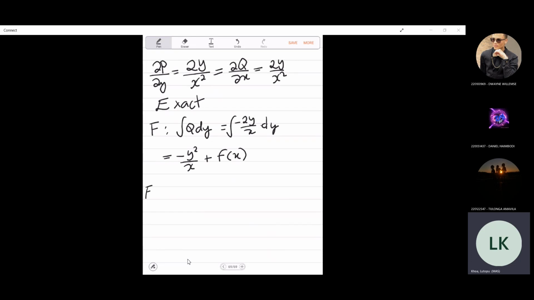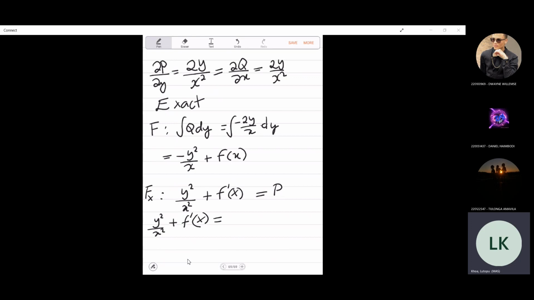Then we differentiate f with respect to x. This gives us y squared over x squared, and then our function f prime of x. And remember, this must be equal to p. So we have y squared over x squared plus f prime of x.